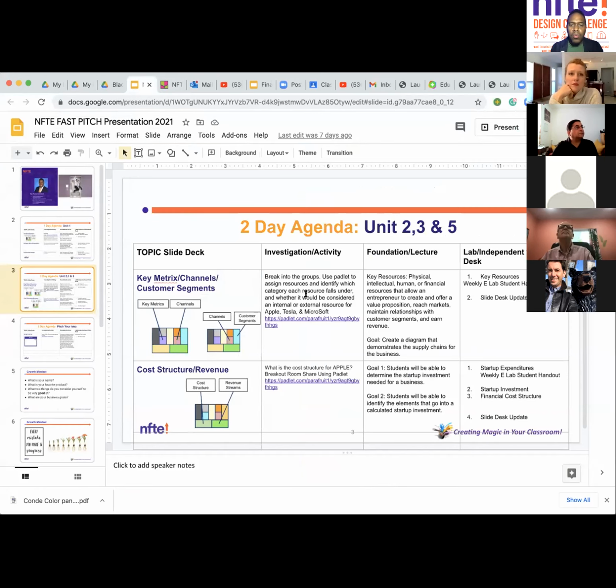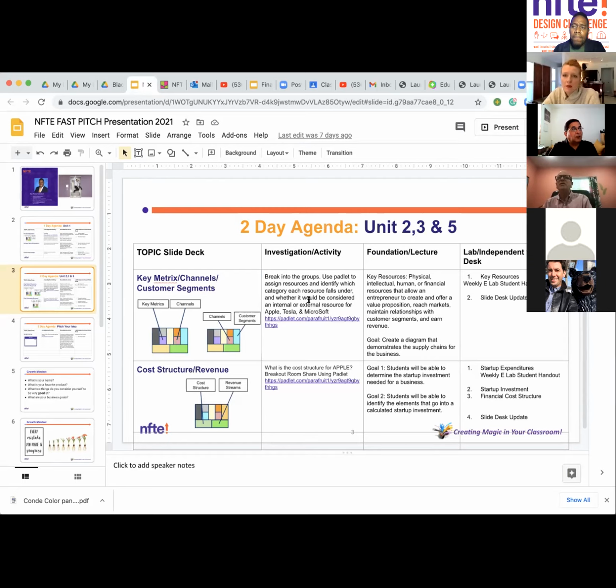Okay, are you guys familiar with Apple? You kind of understand internal, external, but what resources? Because when you look at Apple, sometimes their resources have to come from somewhere else. Do you guys have any idea where that resource is coming from to build out these products, these smartphones? Is that internal or external? Investors, right? They come from investors.